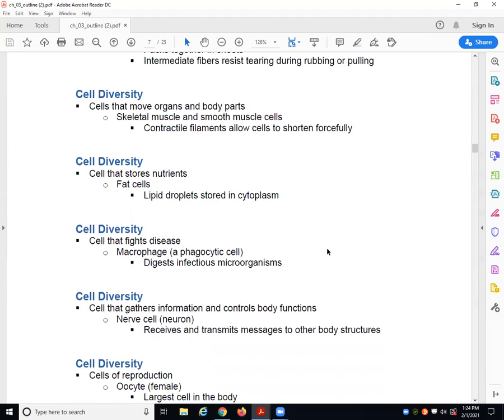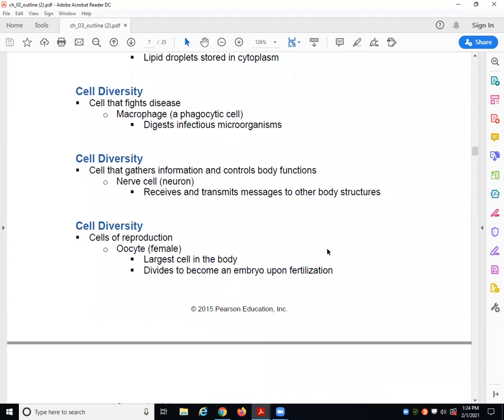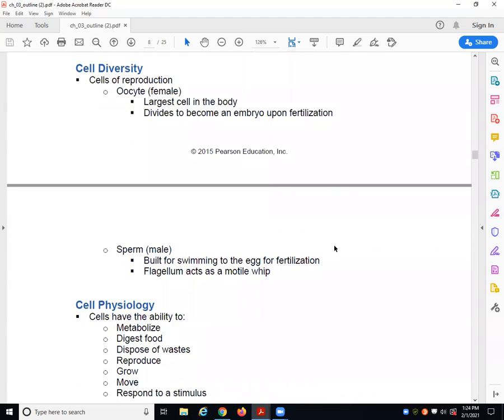All right, and so example of that are your neurons, or nerve cells. So they can receive information or transmit messages to other parts of the body. Okay. All right. We also have reproductive cells.